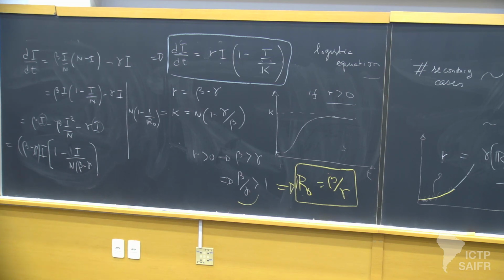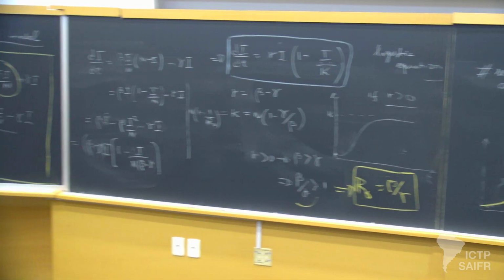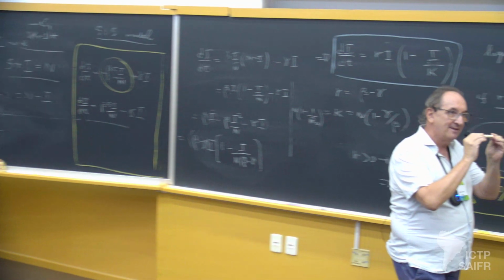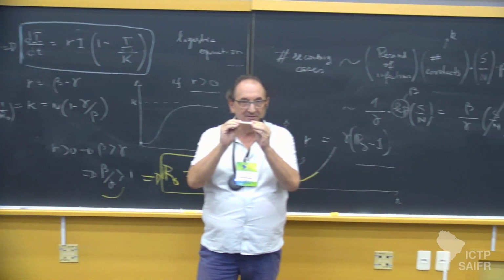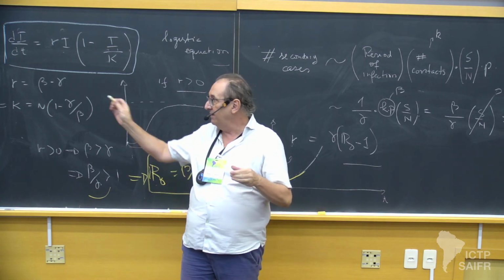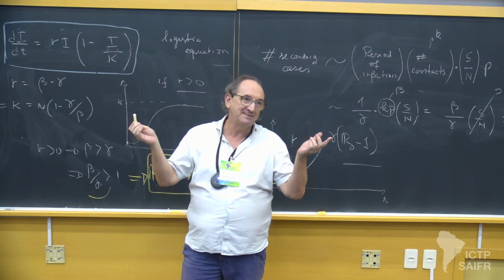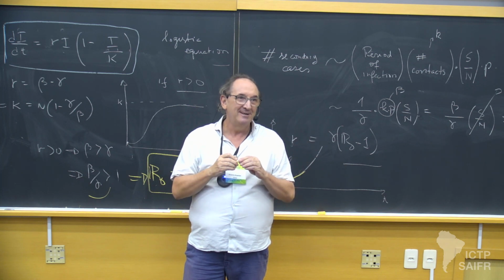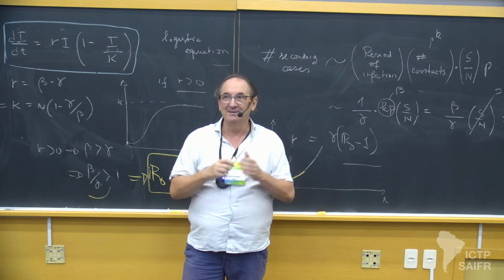But the point is, the incidence curve gives you a growth rate, and the growth rate is not R0. It contains R0 and other parameters. In our model, it's just one parameter, which is gamma, and therefore it's easy. But it could be a little bit different in more complex cases.